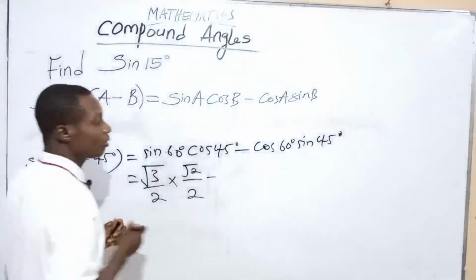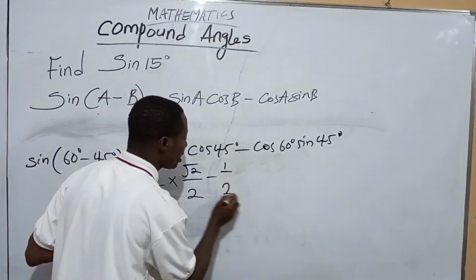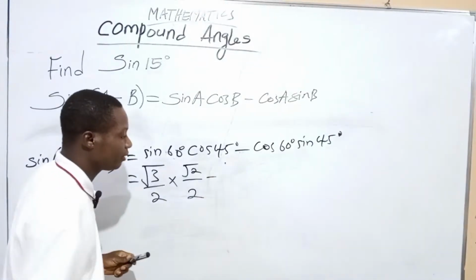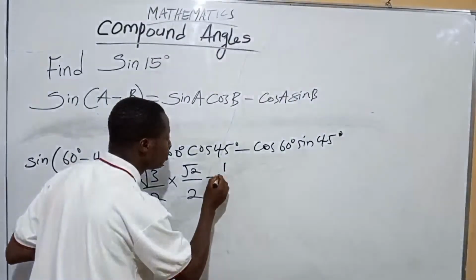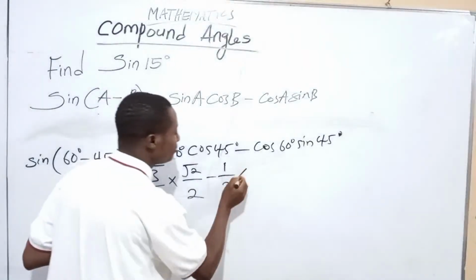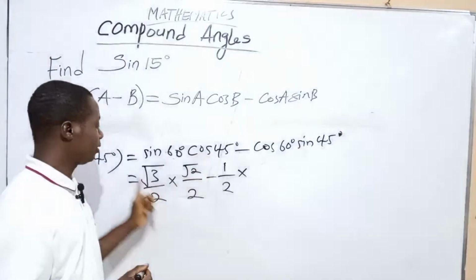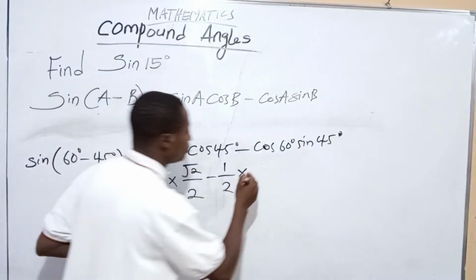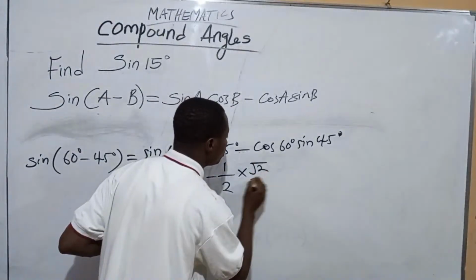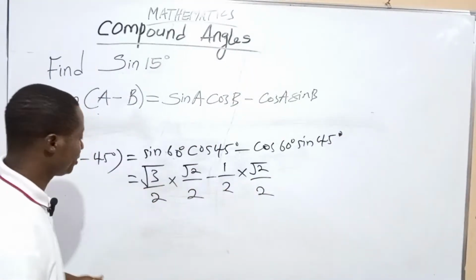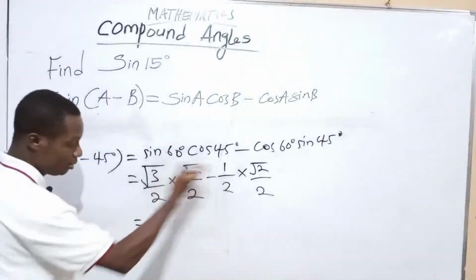Please don't forget, cos 60 is sine 30, which is half. Okay, that is 1 over 2. And times sine 45, which is the same thing as cos 45, which is root 2 over 2. Root 2 divided by 2. Okay, now that we have this, you can see that it is the same thing.